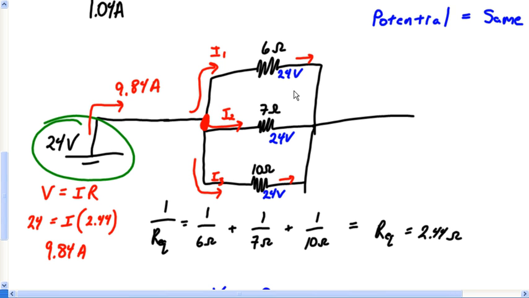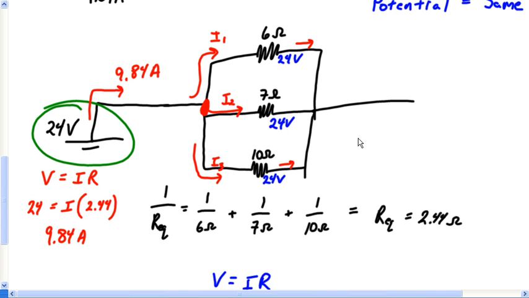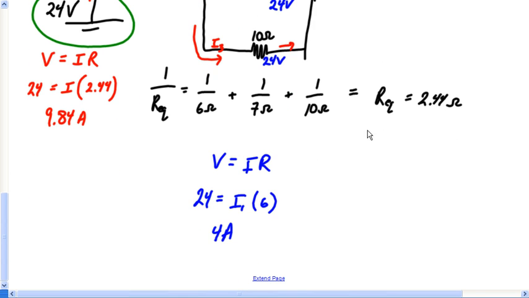So if we want to find these amps, I've given you everything. There's your R, there's your V. So for the first one, 24 would be equal to I1 times 6. Hey, that's kind of beautiful math. 4 amps. So that means 4 amps of electricity are going through that resistor. And we can go through and do all of them.